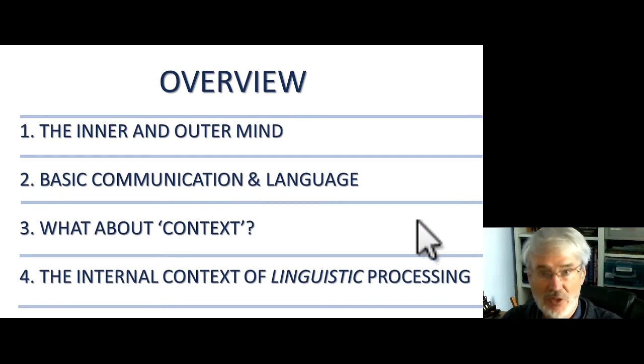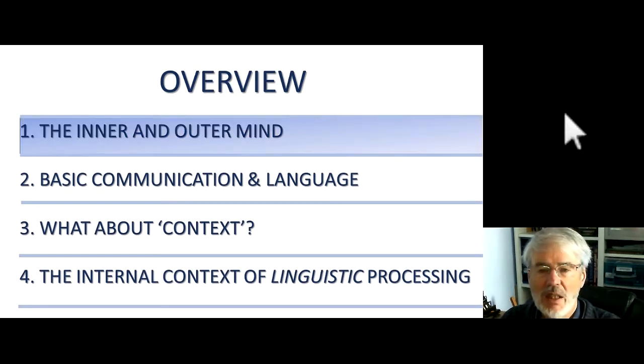Then I shall move on to context, a crucial concept of course in this series, and end up with a quick picture of what I mean by linguistic processing and internal context.